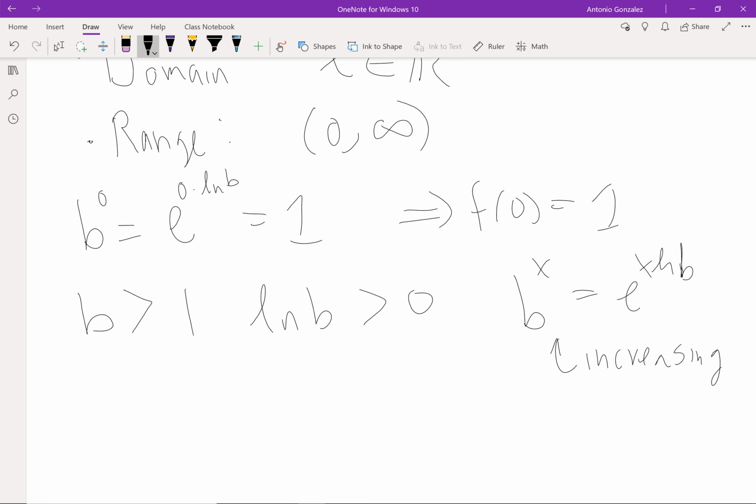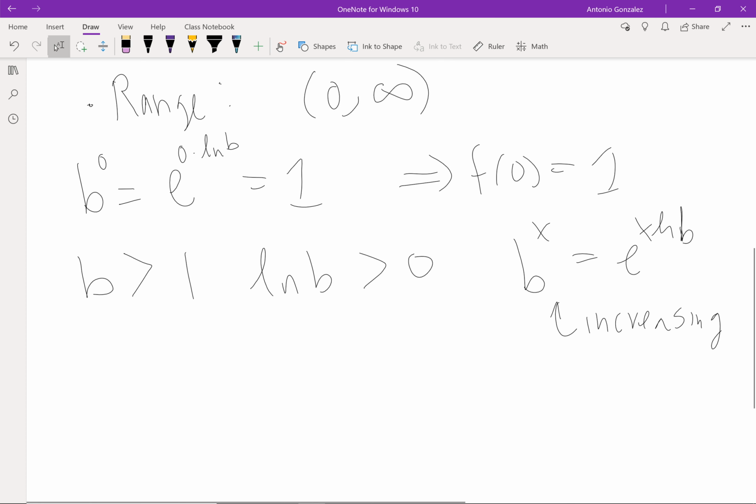So for bases like 1.5 to the x, 2 to the x, etc., bases that are larger than 1, we have that increasing exponential. In other words, it looks something like that.